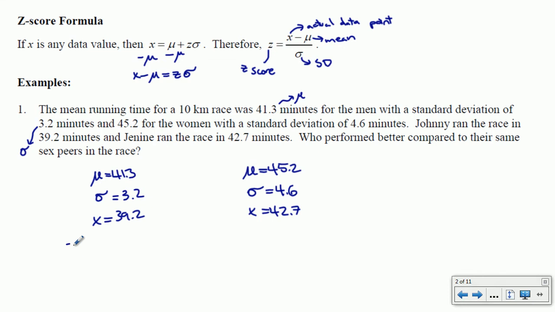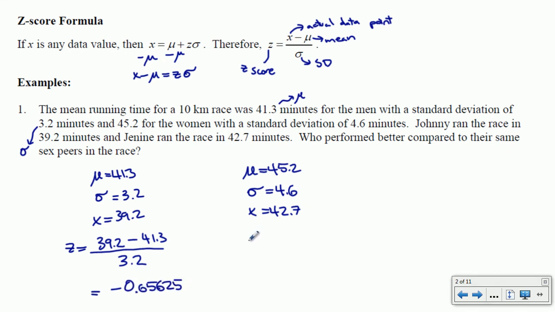So the Z score for Johnny is given by x minus mu divided by sigma. So x is 39.2, minus mu is 41.3, divided by sigma, which is 3.2. So we subtract 41.3 from 39.2 and divide by 3.2, and we get a Z score of -0.65625.